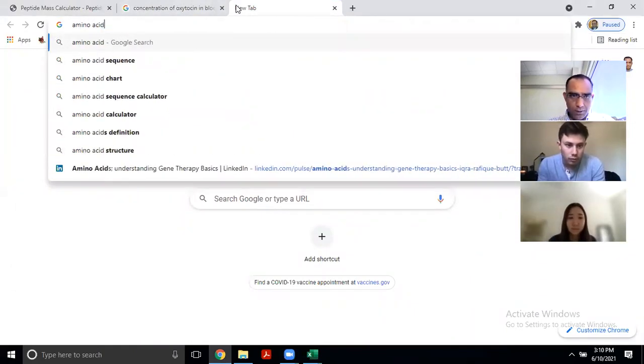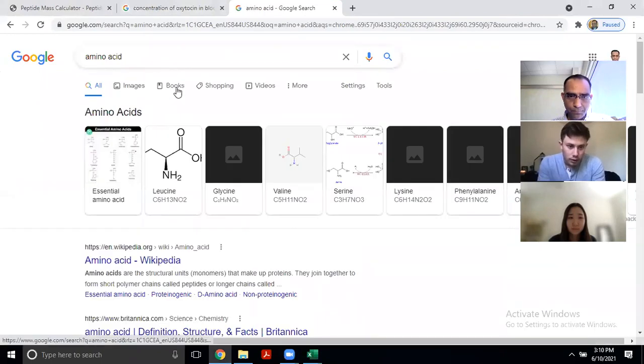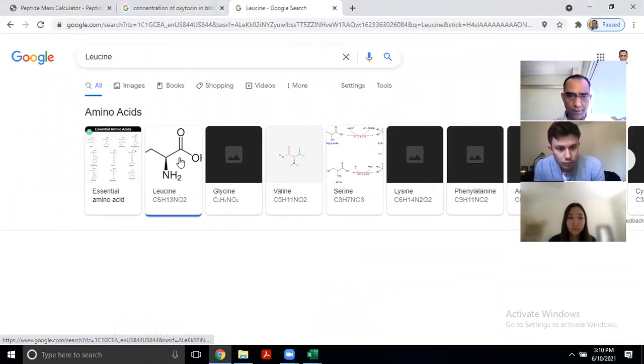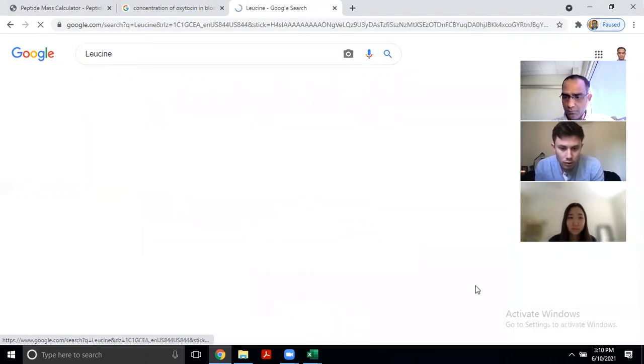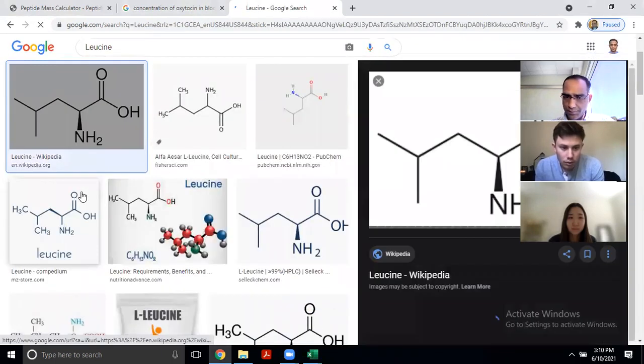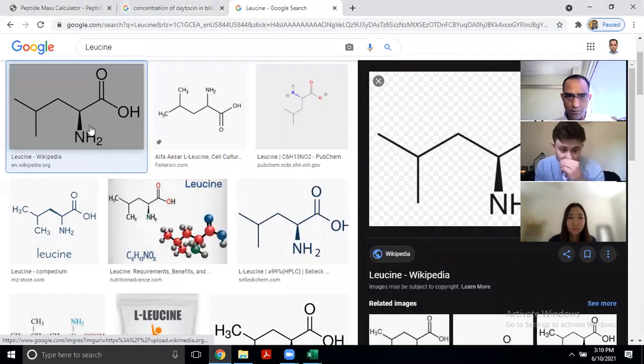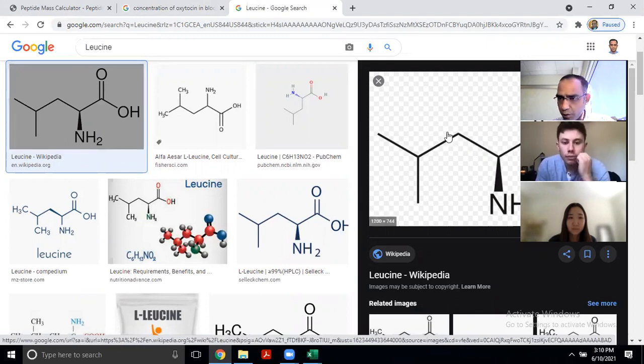So let me show that amino acid. This is an amino acid, right? So we have an amino group, we have a carboxylic group, and wherever there is a bend, what does that bend mean? Carbon.